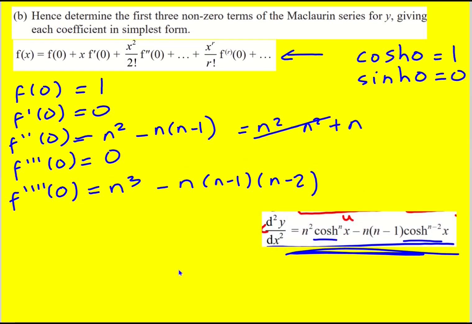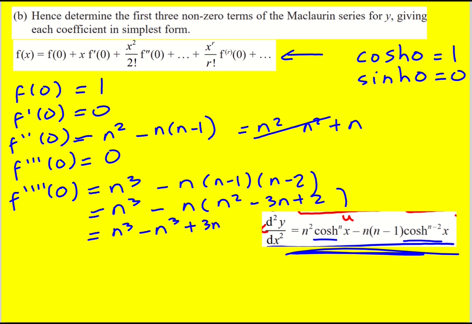And we're pretty much there. Just going to expand the bracket on this latter one. So I will get n times n squared minus 3n plus 2, or n cubed minus n cubed plus 3n squared minus 2n.